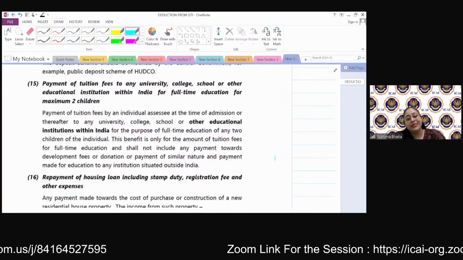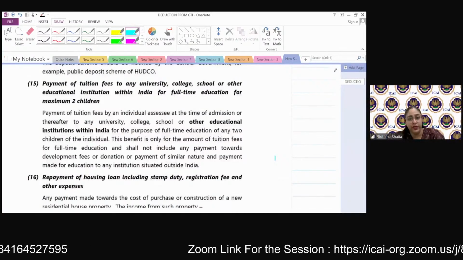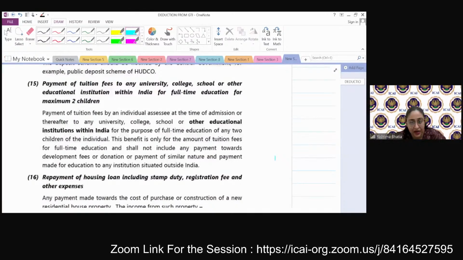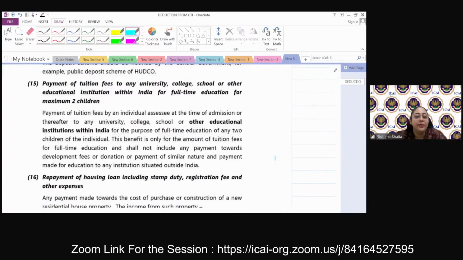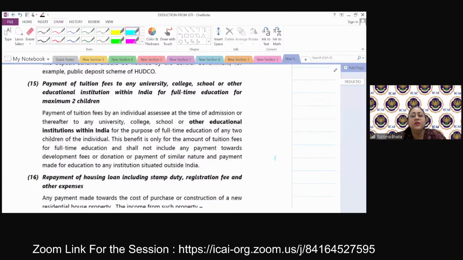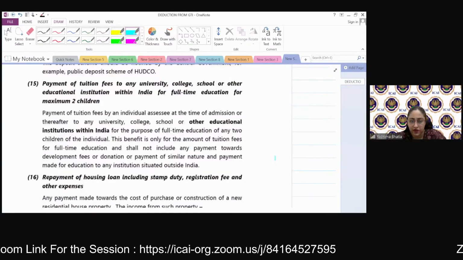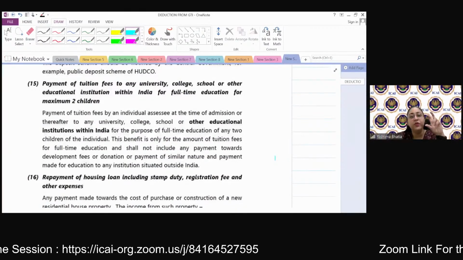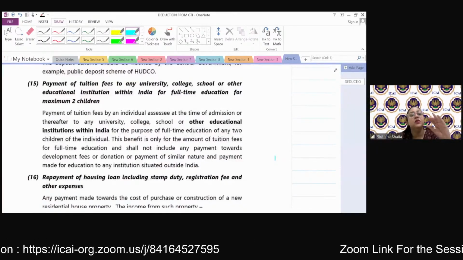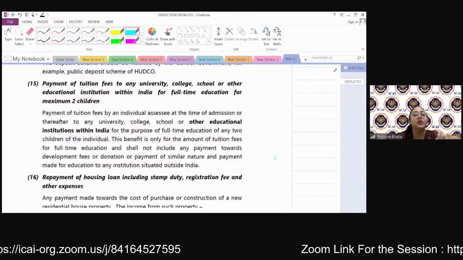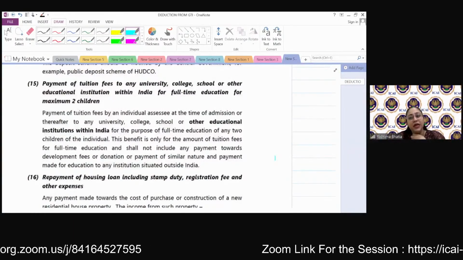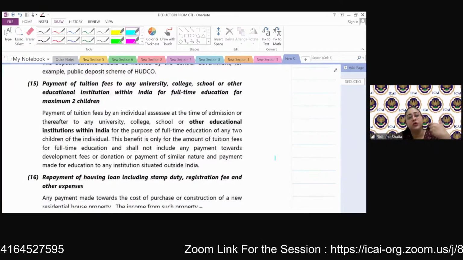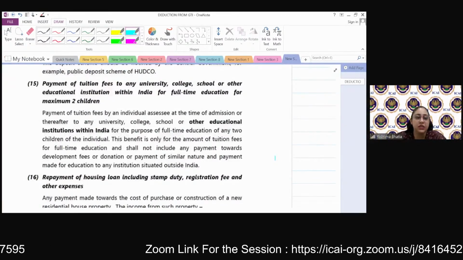Tuition fees is the component when your children are studying in any university, school, or college in India, in full-time education like class 12 or nursery, and you are paying the fees for that education. When you get a slip, you will see certain components of the fees: extracurricular activities, development fund, in-house activities, and then there is the main component for the padai, the tuition, the education. That tuition fees component is allowed to you.